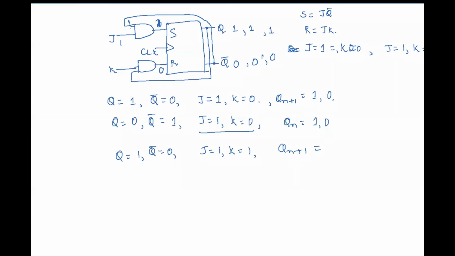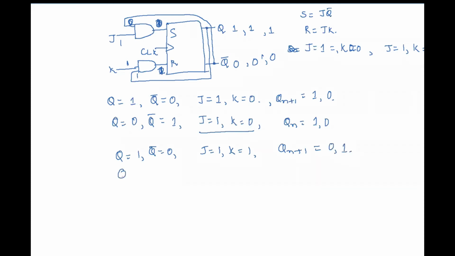So J is equal to 1, Q bar is equal to 0, so this gives you 0. And when K is equal to 1 and Q is equal to 1, this gives you 1. So S is equal to 0, R is equal to 1. So this gives you Qn plus 1 is equal to 0 and Q bar is equal to 1.